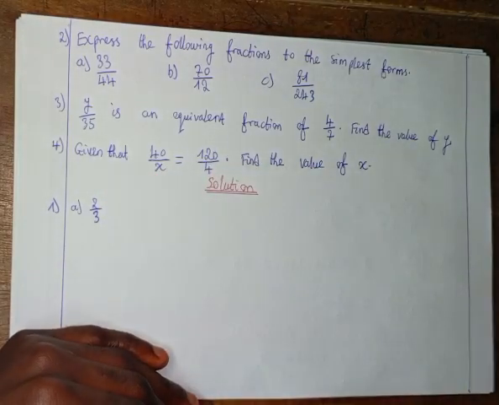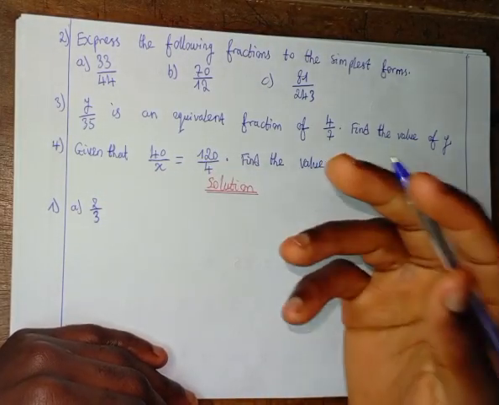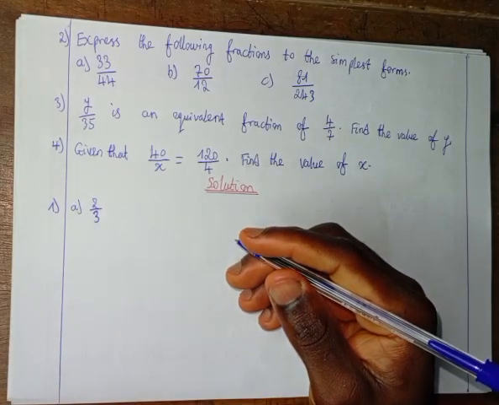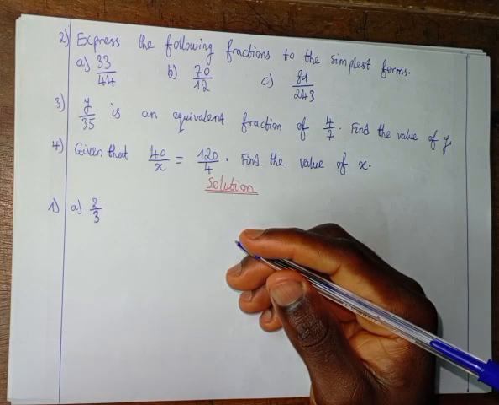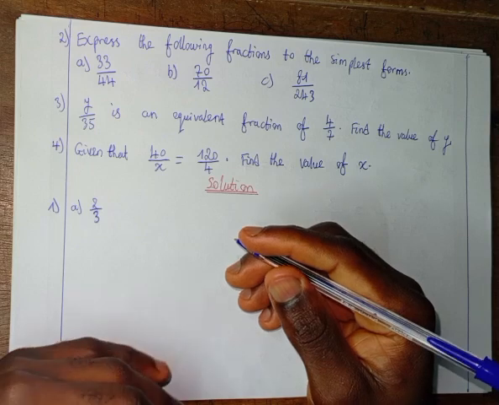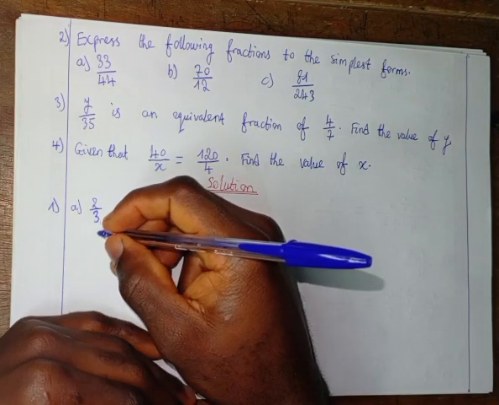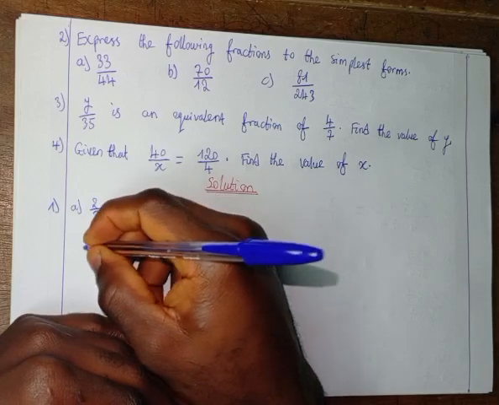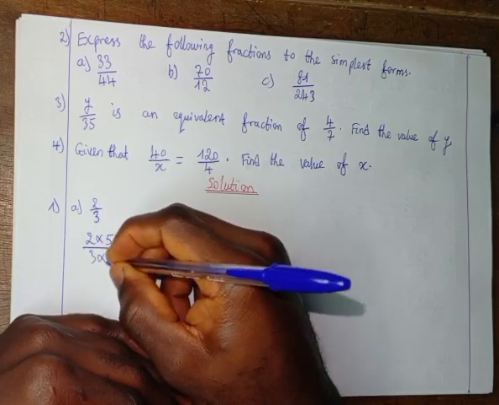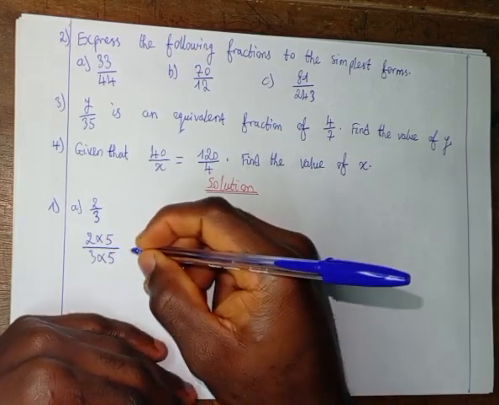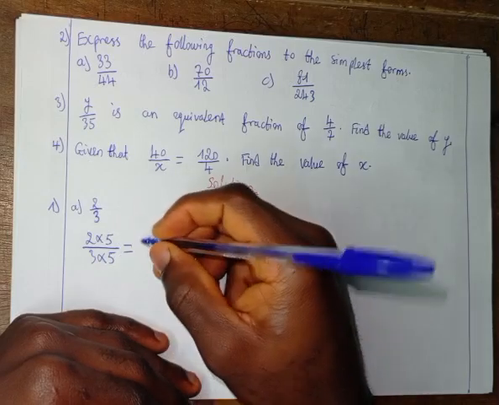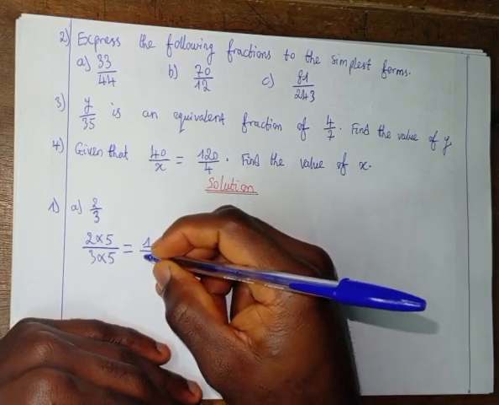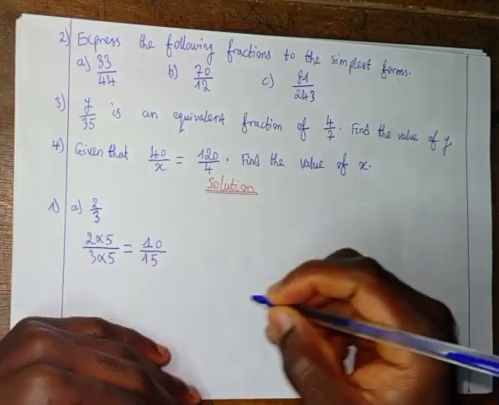To get an equivalent fraction of 2/3, we multiply both the numerator and the denominator by any positive whole number of our choice. The positive whole number should be different from 1. We can use the whole number 5. 2 times 5, the numerator, over 3 times 5, the denominator, is equal to 10 all over 15.